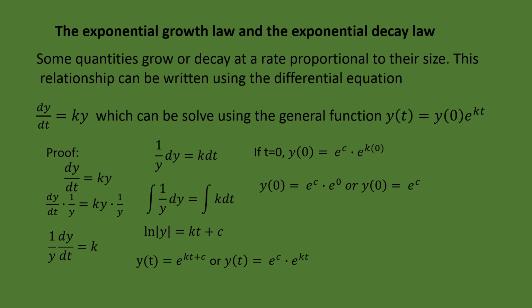So multiplying it by e raised to the power of c becomes e raised to the power of c. Simplifying, substituting that one into the original equation, it will become y of t is equal to y of 0, wherein it refers to the initial population, times e raised to the power of k times t.